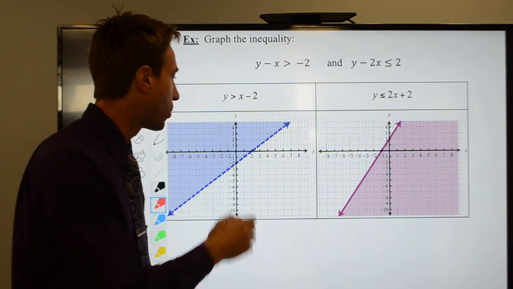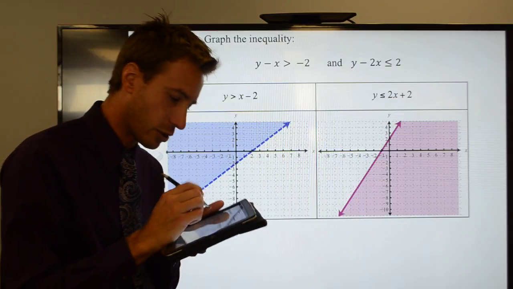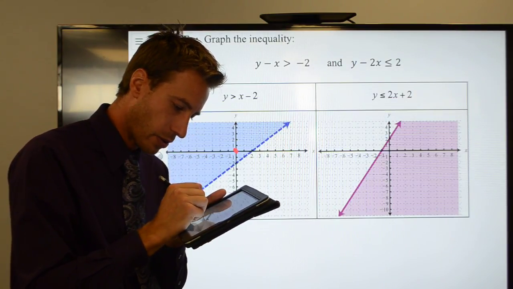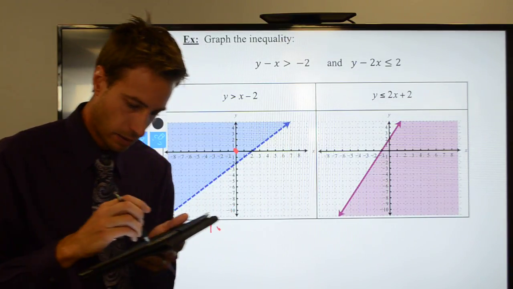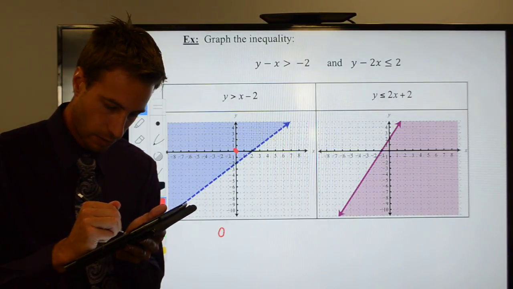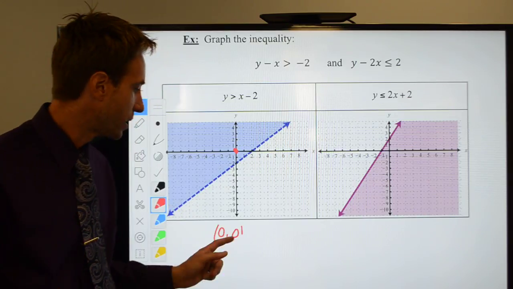We like 0, 0 because it's easy to do math with, and my line doesn't go through 0, 0, so that's exactly what I'm going to do. I'm going to choose the point 0, 0. All right, I have the test point 0, 0.